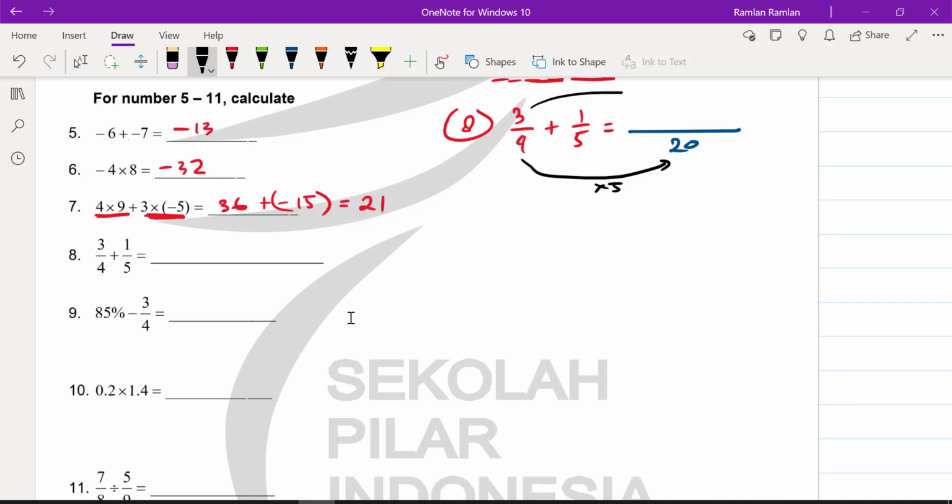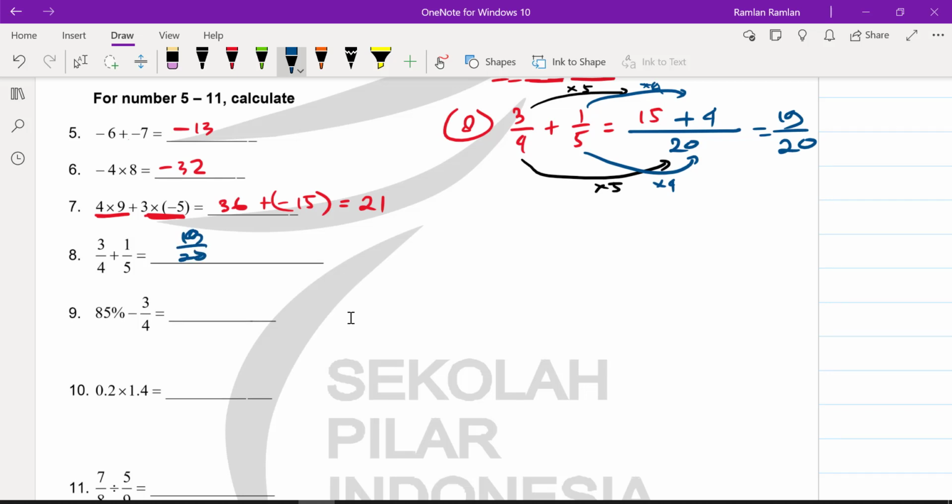So we do the same thing with the numerator, which is also multiplied by 5, and 3 times 5 is equal to 15. The same thing with this one: 5 goes to 20, you multiply by 4, so you also need to multiply the numerator by 4, and you will get 4. Okay, so just add them. 15 plus 4 is 19, and the 20 is still there. Now 19 over 20.